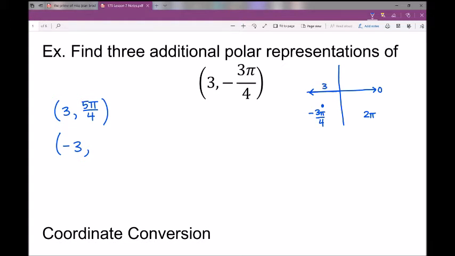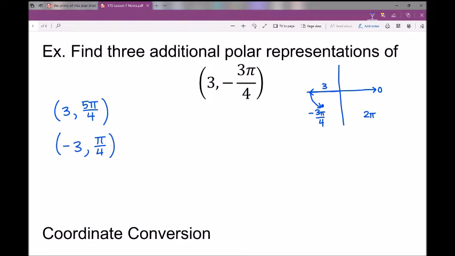If we have our point out here and we want to rotate around until we get to negative 3 pi over 4, how far would we actually go? From this axis, we're only traveling pi over 4 to get to the point we want. So our new angle is going to be positive pi over 4.